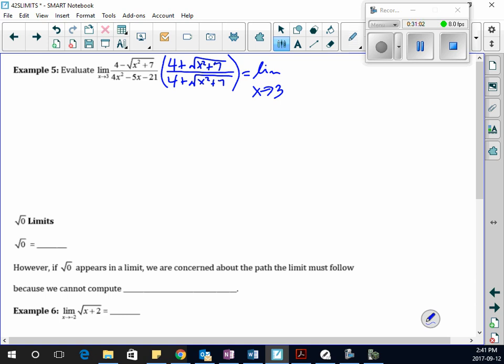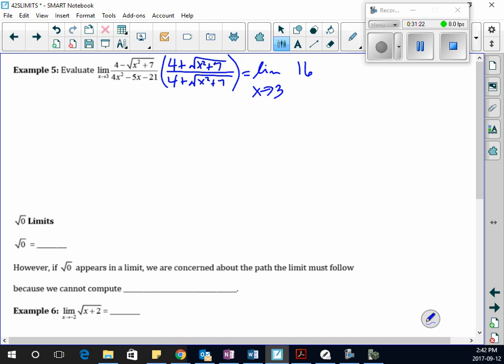The first I get 16. Yes, 4 times 4. The outer I get 4 root x squared plus 7. The inner I get minus 4 root x squared plus 7. So they cancel. That's the whole point, right? And then last I get negative root that times positive root that.